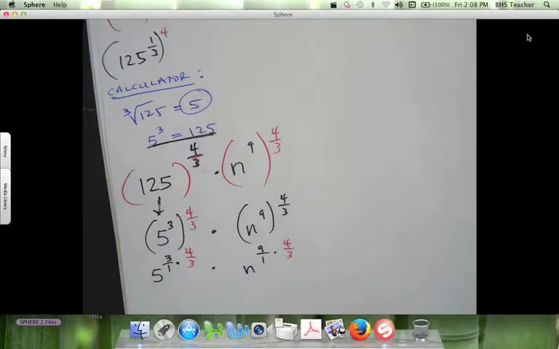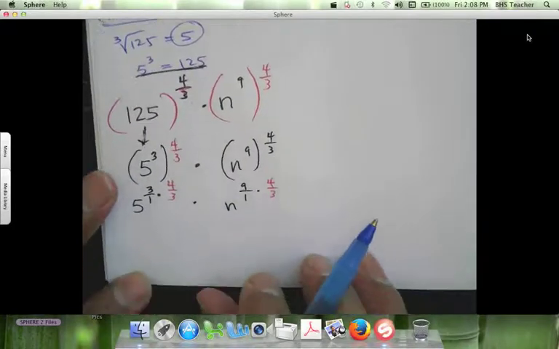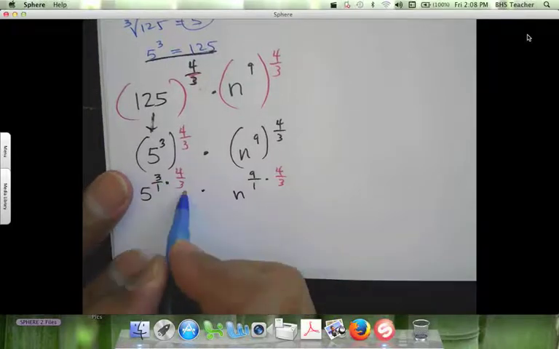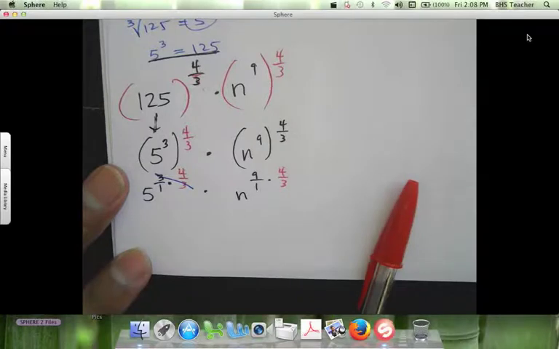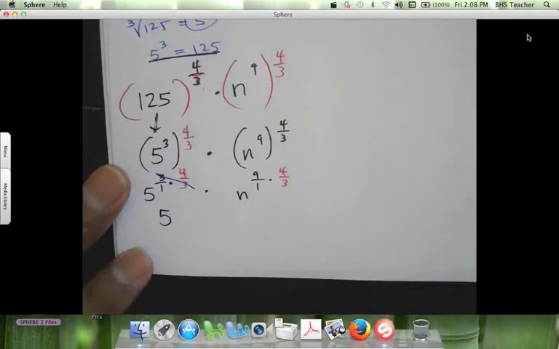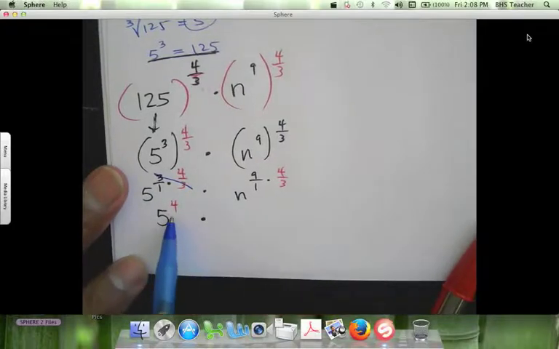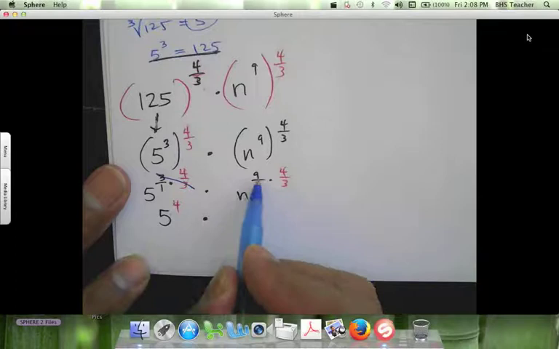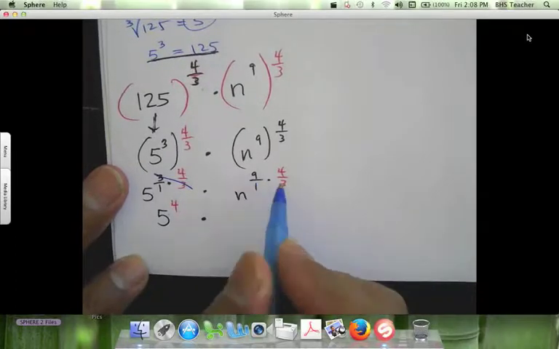Here they divide out. The 3 divided by a 3, you're left with 5 to the power of 4. And then you'll figure out how much this is, 5 to the power of 4. Here it does not divide out, but 9 divided by 3 reduces. 9 divided by 3, you just get 3.